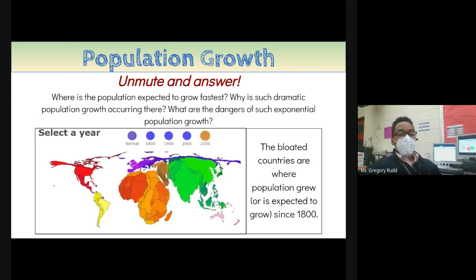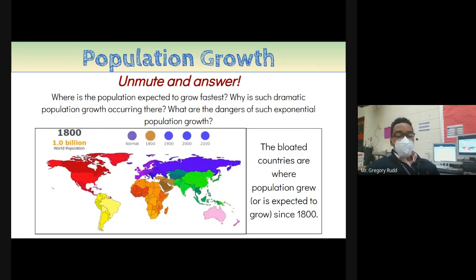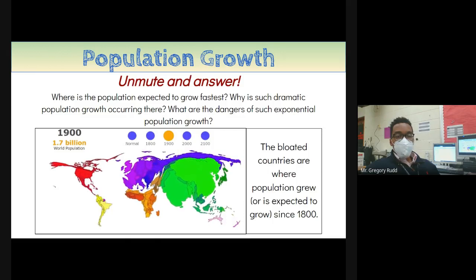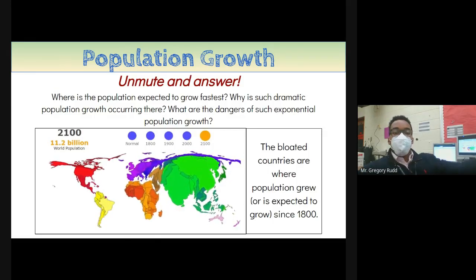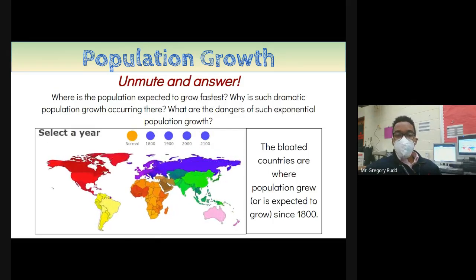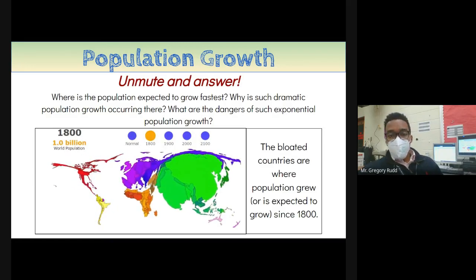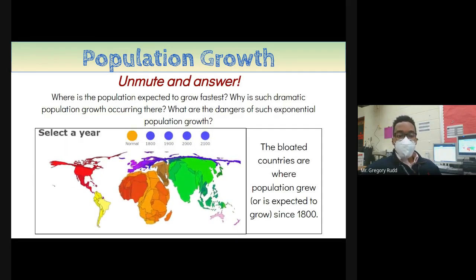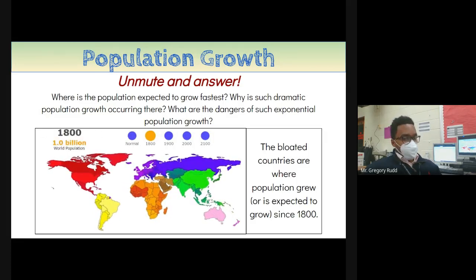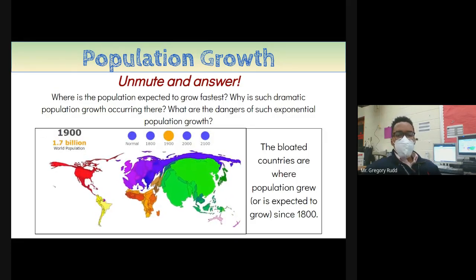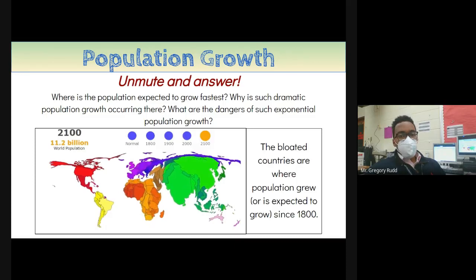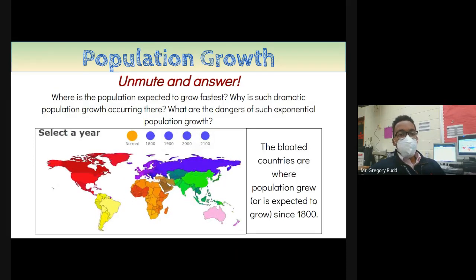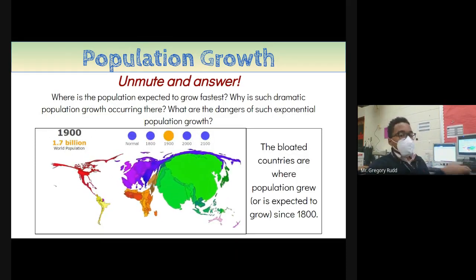So again, if the population is growing rapidly, oftentimes the social infrastructure is not there to support it, meaning that the economy has not yet caught up. The hospitals have not yet caught up. The schools have not yet caught up. And so you find yourself in this middle ground where the population is growing, but the environment can't support the population. Excellent job. Thank you for that conversation.